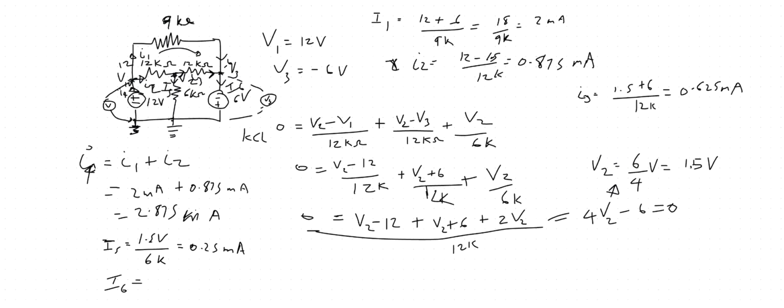So I6 is equal to I1 plus I3, which is 2.625 milliamps. Makes sense, right? That's everything in this circuit, all the currents and voltages.